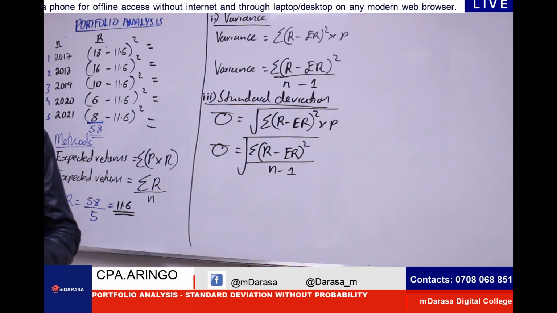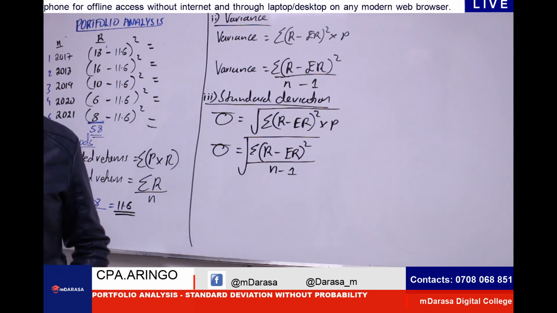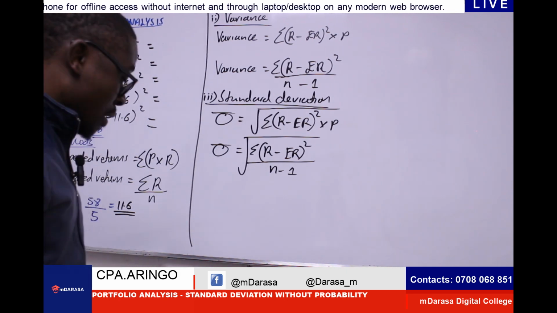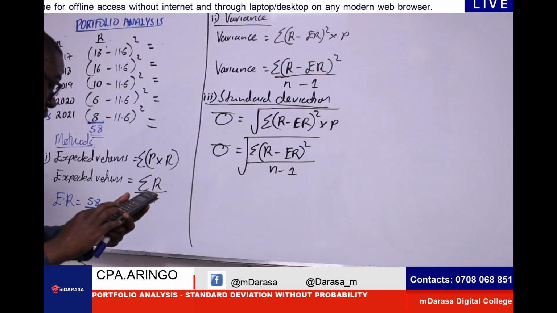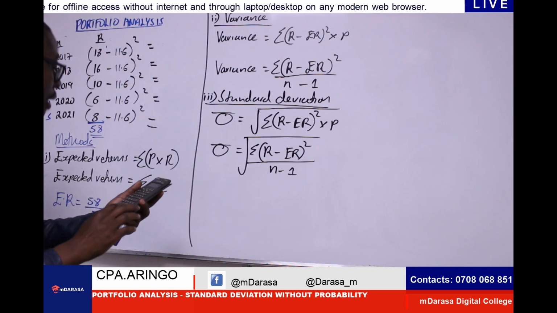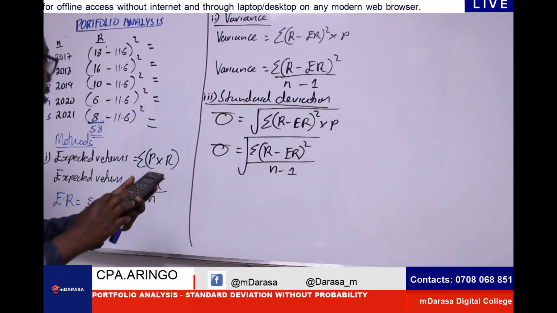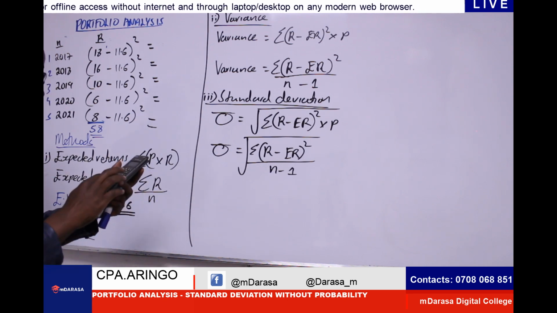In this case, we are going to take our calculator. We have 18 minus 11.6, we square that one.